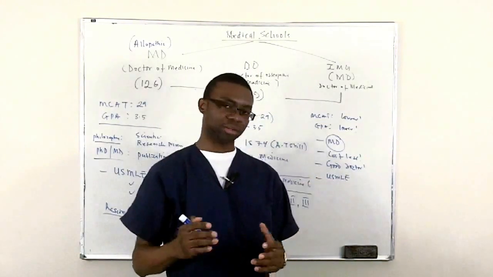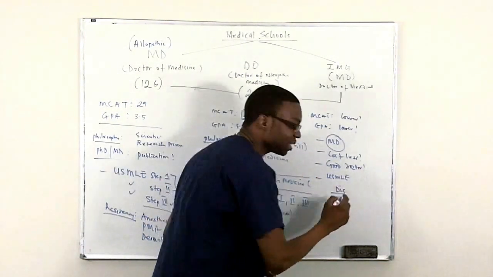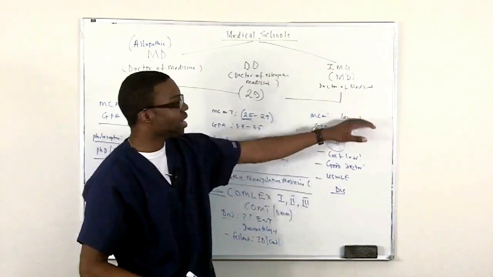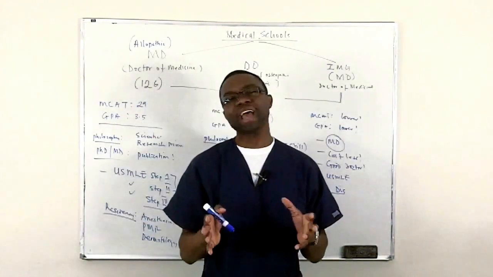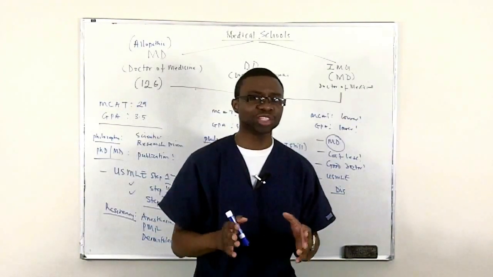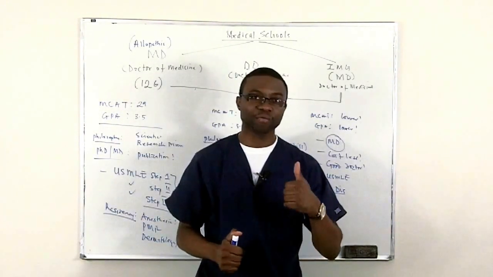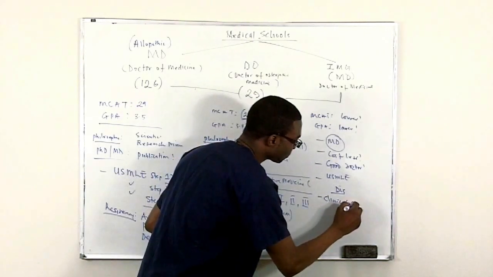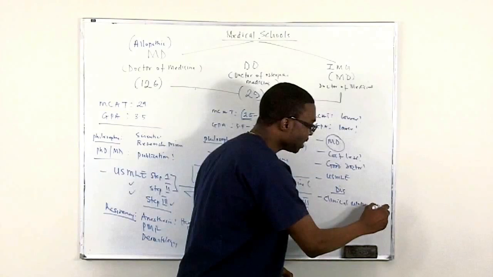Now, this is where the dilemma is. The disadvantage, because everything in life has advantages and disadvantages, the disadvantage of going to a Caribbean school is you have to make sure whichever Caribbean medical school you're applying to actually has solid connections for clerkships, clinical rotations with hospitals in the United States, right?